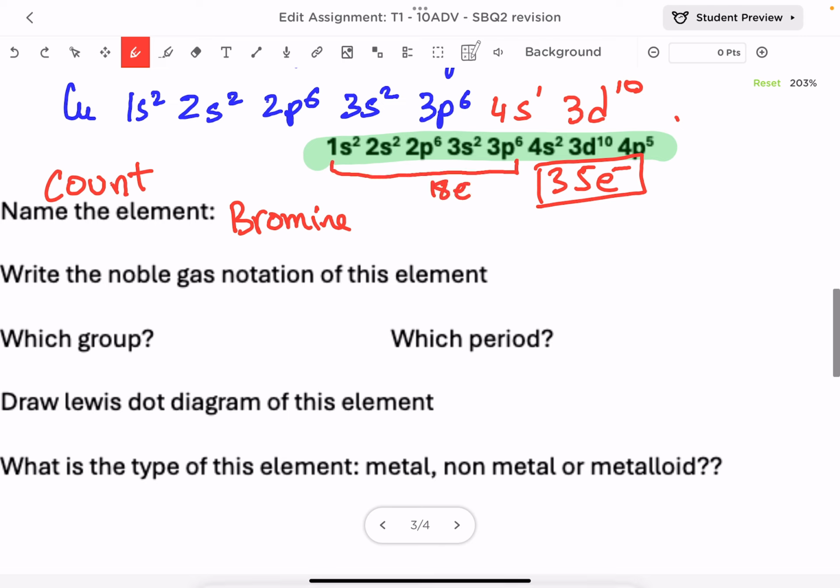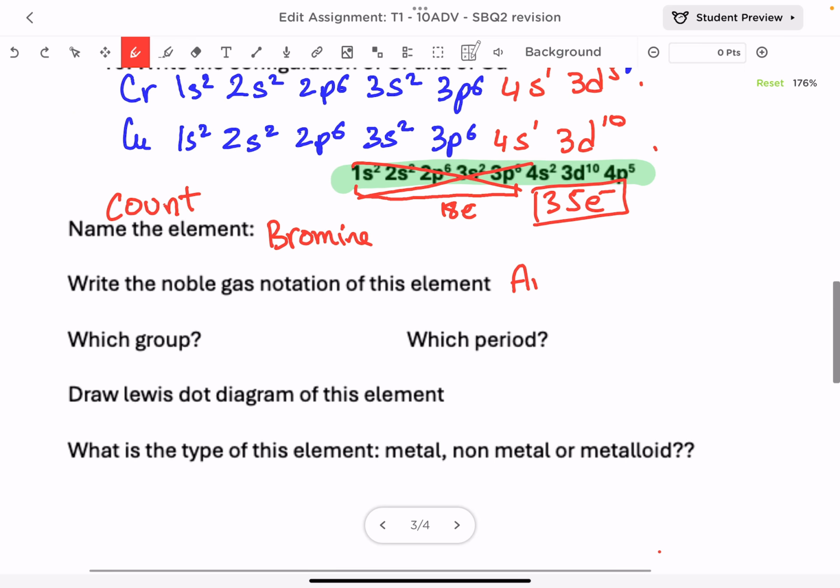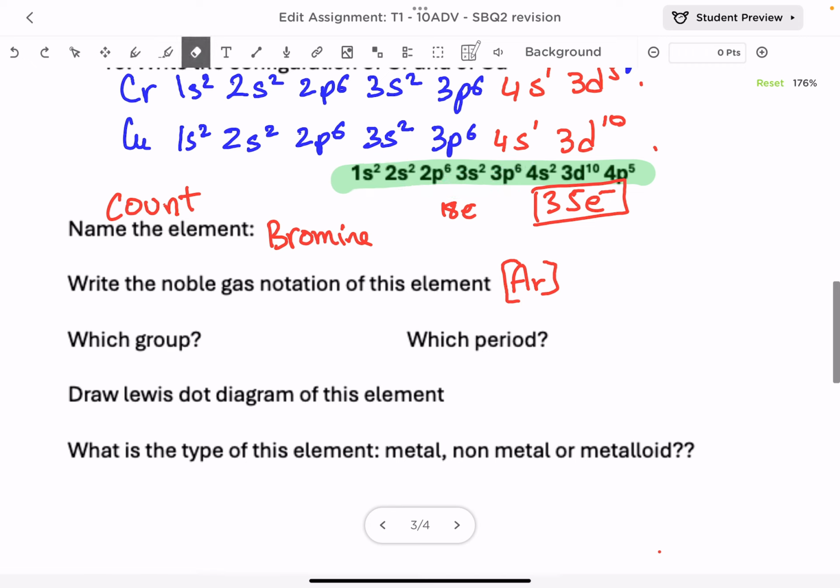So I cancel them, I erase them, and I write instead argon, and then I continue with the rest, which is 4s2, 3d10, 4p5. So again, instead of all of this, you write Ar, because this is equal to 18 electrons.